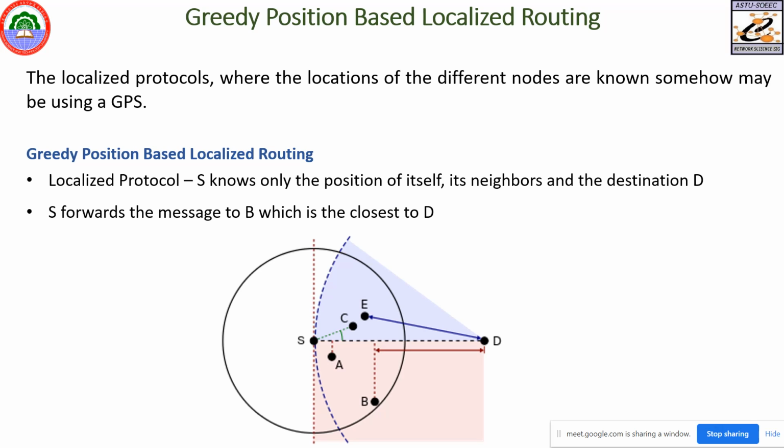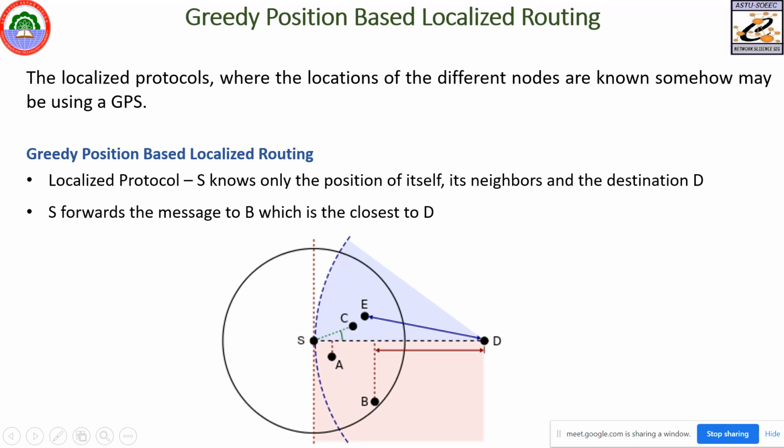Suppose the destination is outside the range of the source node. We have a source node here and a virtual range of this source node, but the destination is outside the source node range when it is trying to communicate.